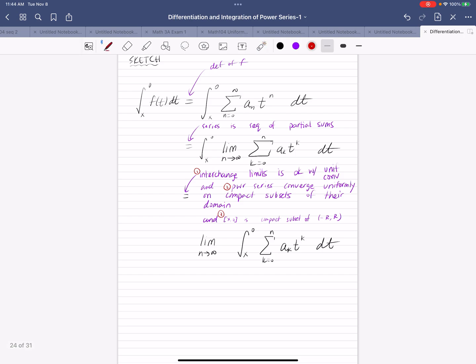Okay, so now I'm going to use just simple properties of integration to say that the integral of sums is the sum of the integrals, right? I don't need anything fancy in order to interchange these because this is a finite sum. You only need the heavy duty machinery when you're trying to interchange for an infinite sum because now you have limit and limit. Here we don't have limit and limit, we just have limit, integral, and finite sum.